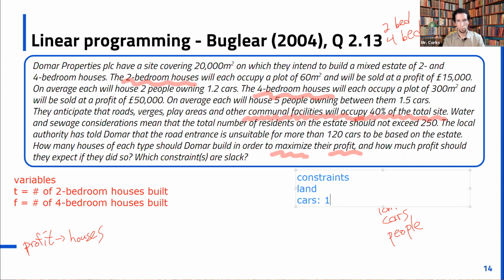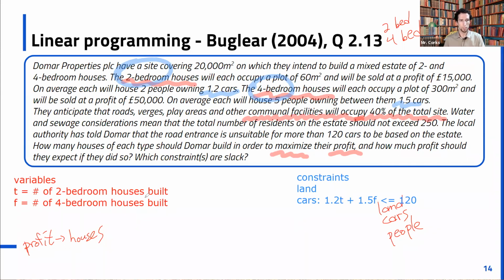1.2T plus 1.5F is less than or equal to 120. Let me highlight in the text where we see this. The families living in these 2-bedroom houses will own on average 1.2 cars, and families living in these larger 4-bedroom houses will own on average 1.5 cars.